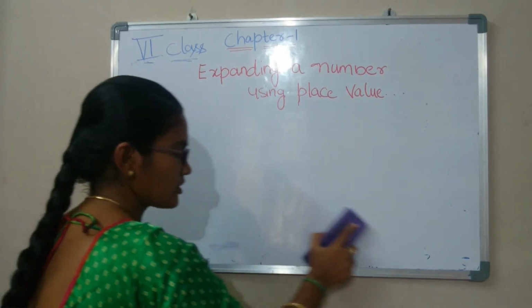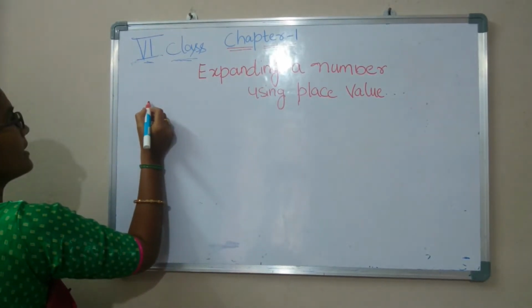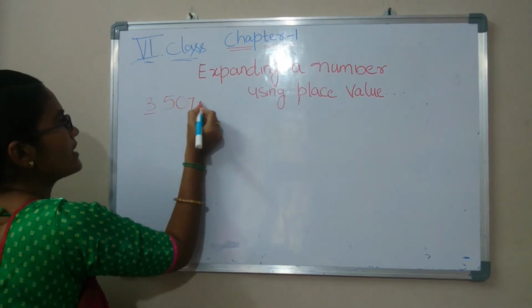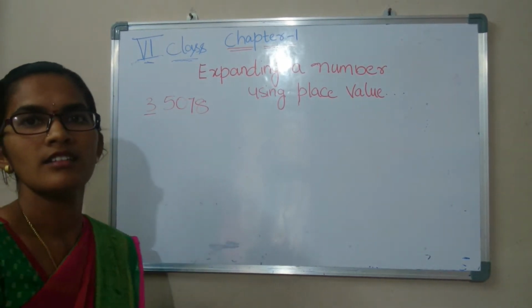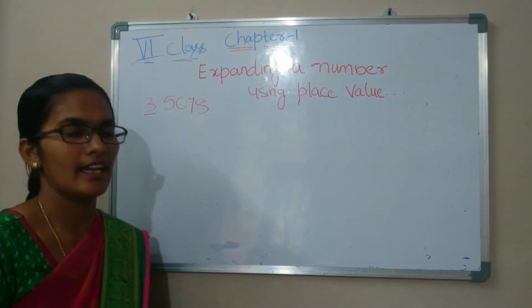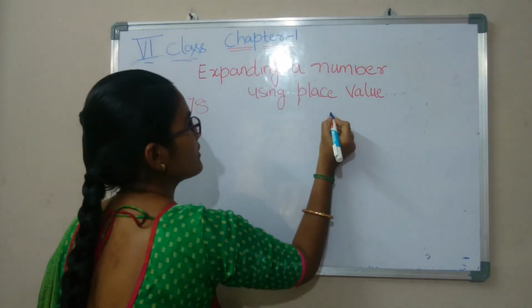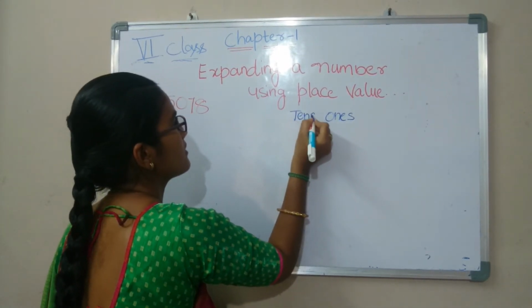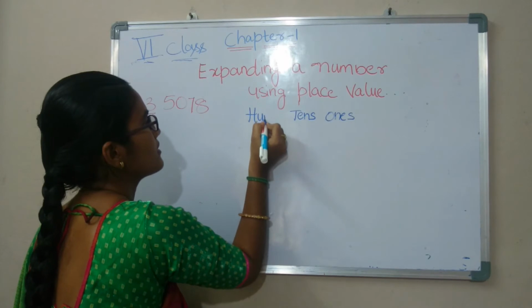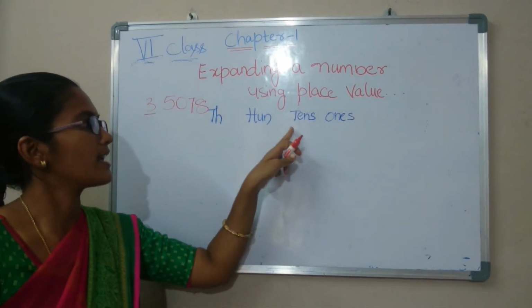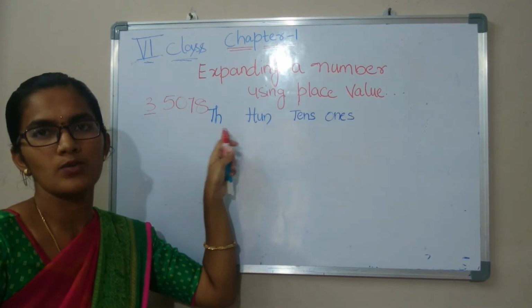Let the number be 5078. Now write the place values: ones, tens, hundreds, thousands.